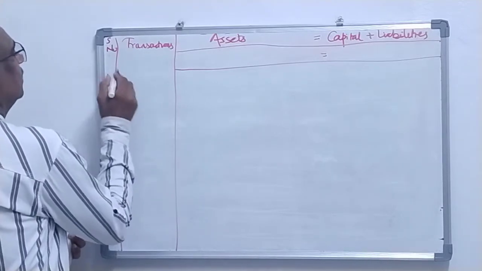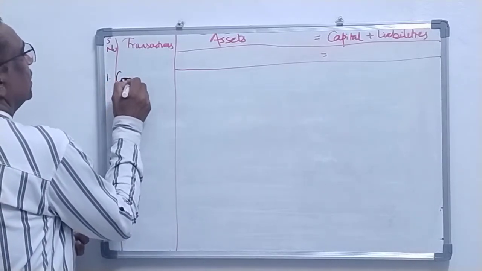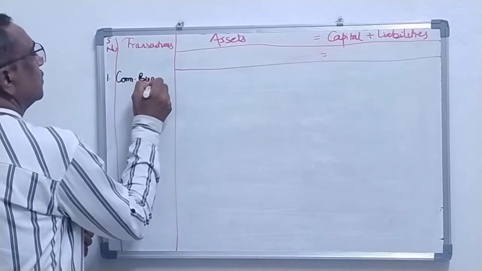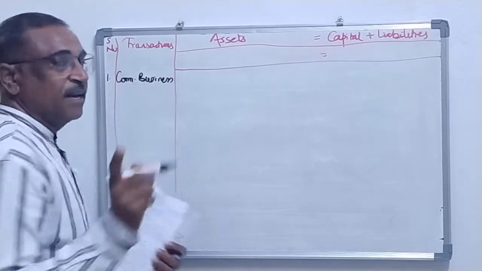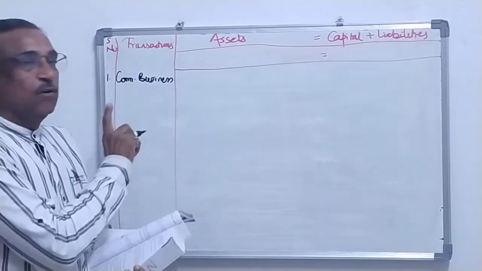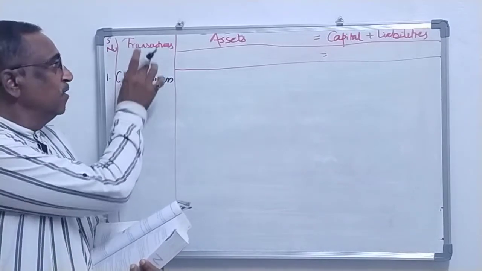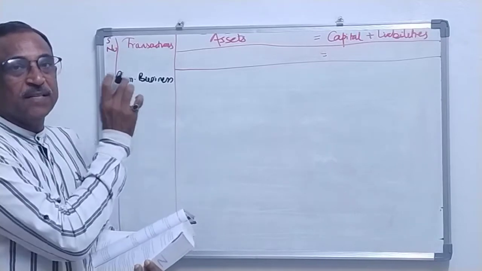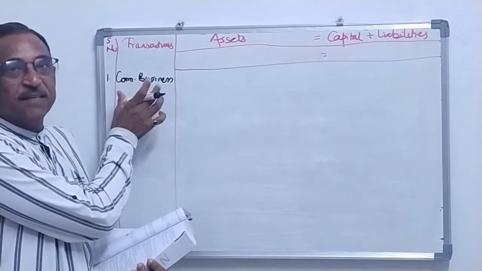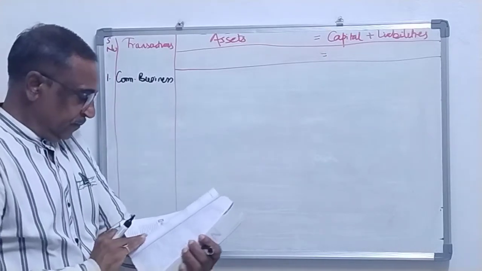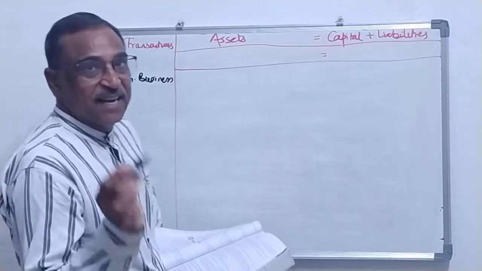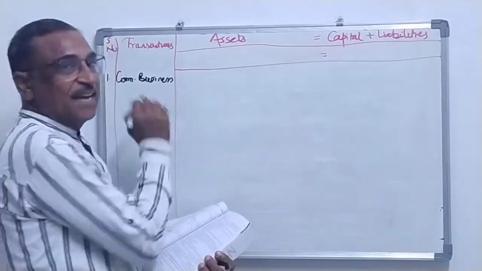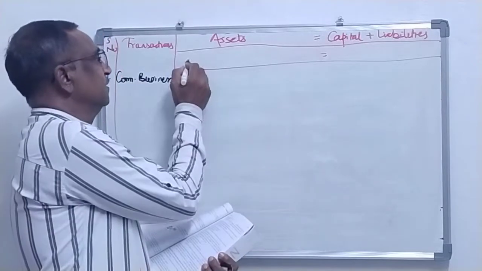Commenced business. Again I am telling you, you have to write narration for a transaction in the proper way. Because of the space constraint, I am forced to write in such a way. Commence business with cash. That means business is getting cash and cash is your asset.